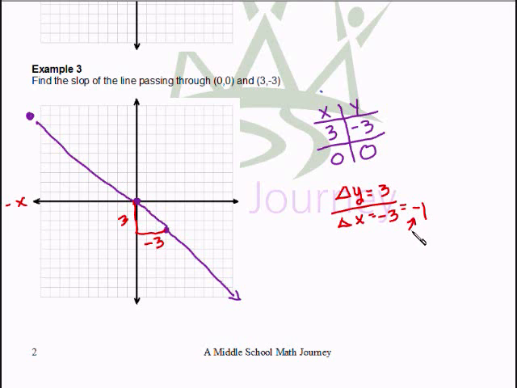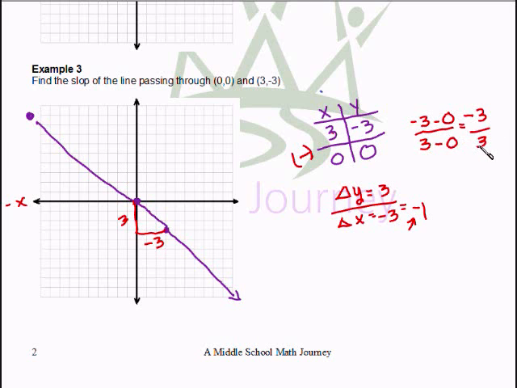And when I use it in the formula and actually find the difference between the two, my y-coordinate, negative 3 minus 0, is actually negative 3. And then my x-coordinate's 3 minus 0, which is 3.